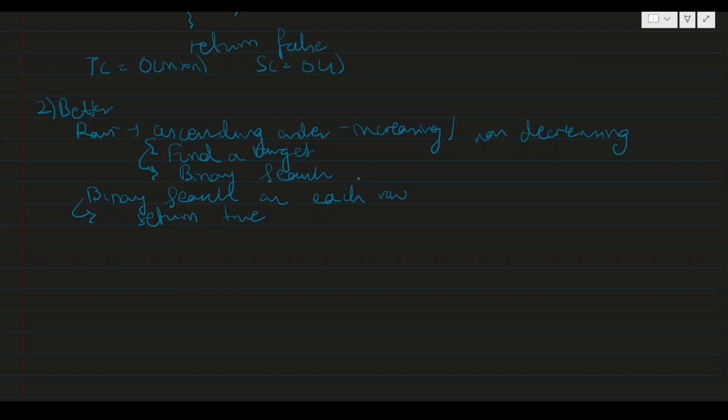One more optimization we can do is first check if the target lies within the range of the first element of a row and the last element of the row or not.